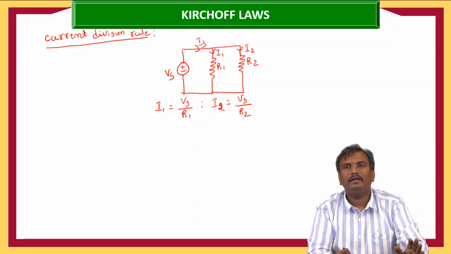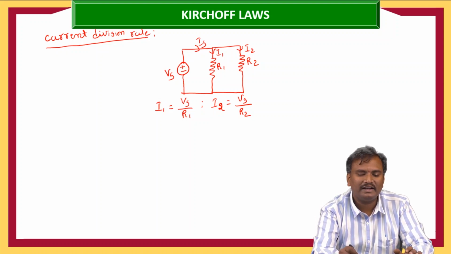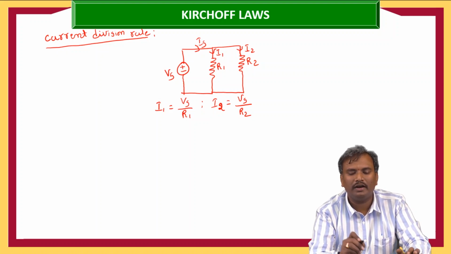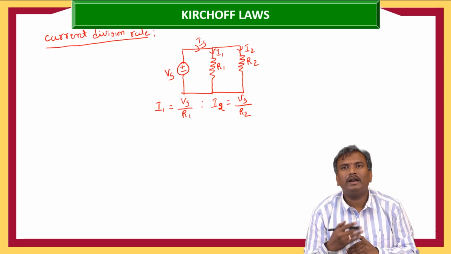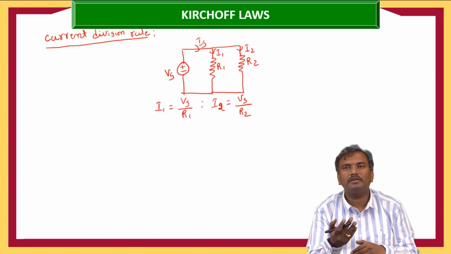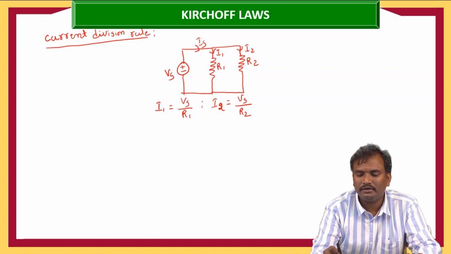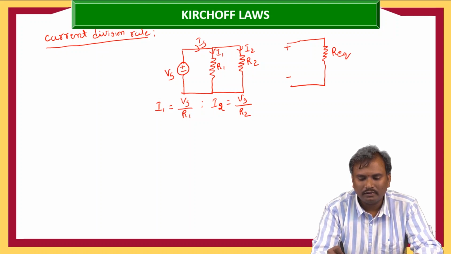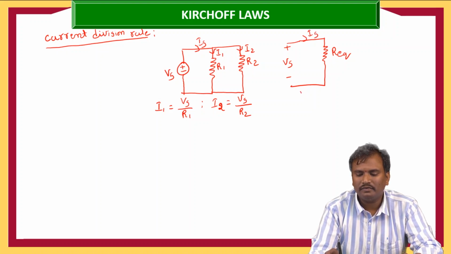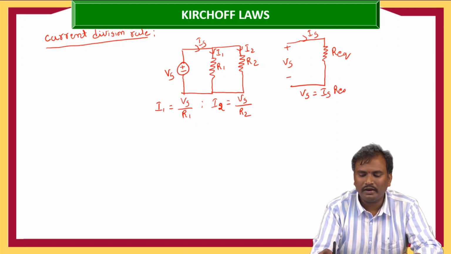Now, because the current Is is divided into I1 and I2, we have to write the I1 and I2 values in terms of Is. For that, let us take the equivalent resistance, R equivalent: Vs is equal to Is into R equivalent.